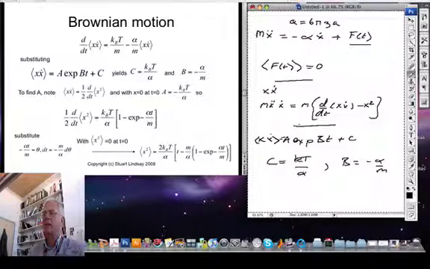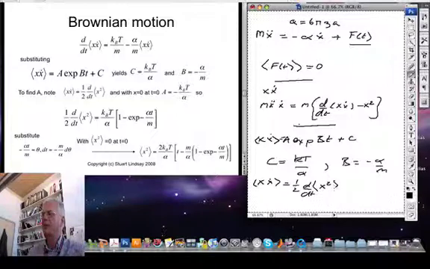Obtaining a is a little more tricky. What we do to obtain a is to re-express x x dot as 1/2 of d by dt of the thermal average of x squared.